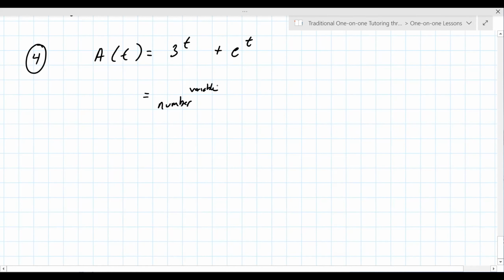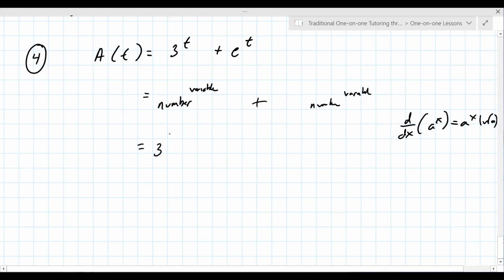The second one is also a number to a variable. So in both cases, your d dx rule is you keep what you started with times the natural log of the base.